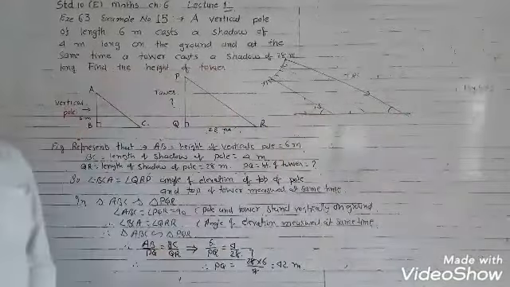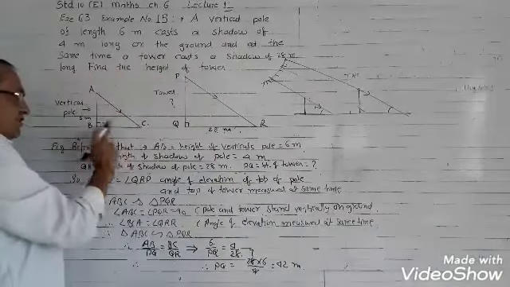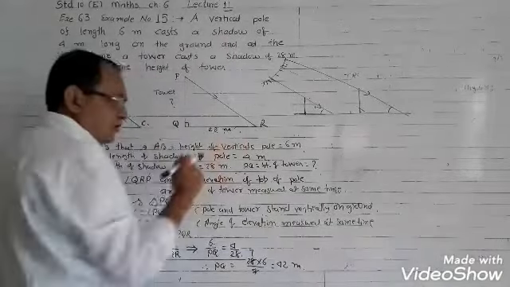So the angle of elevation of the top of the pole and the top of the tower are the same. Get it? Because AC is parallel to PR, and BC and QR are both ground level. So these angles are the same.